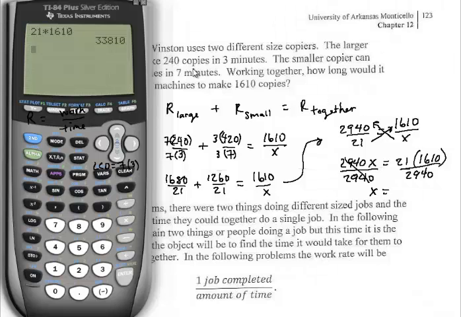So 21 times 1610 is 33,810, and now we divide by 2940. Enter, and we get 11.5.